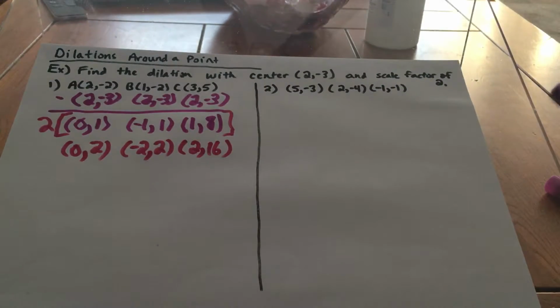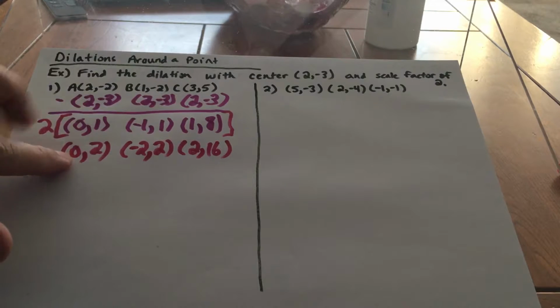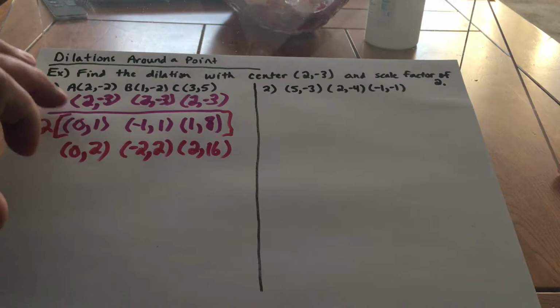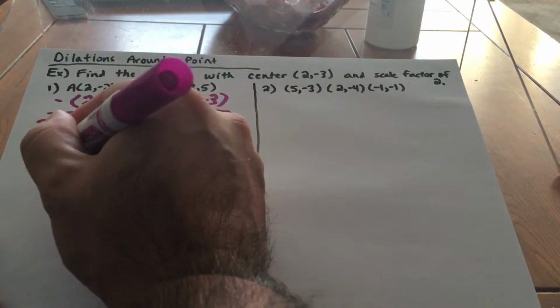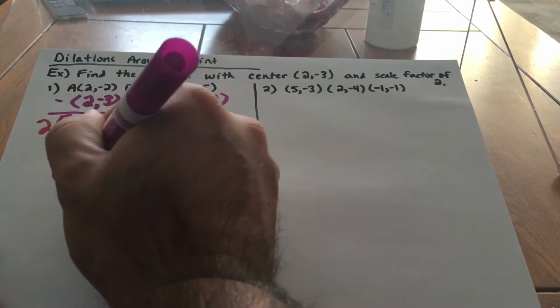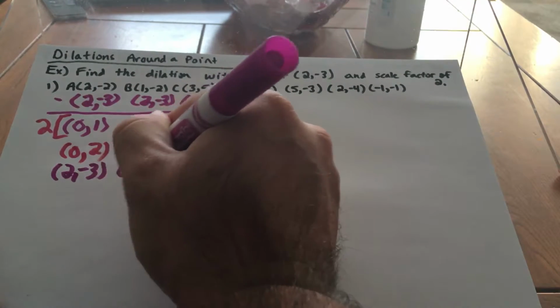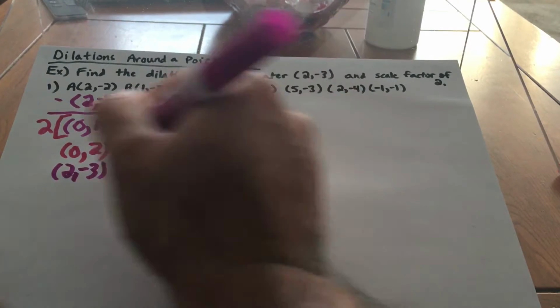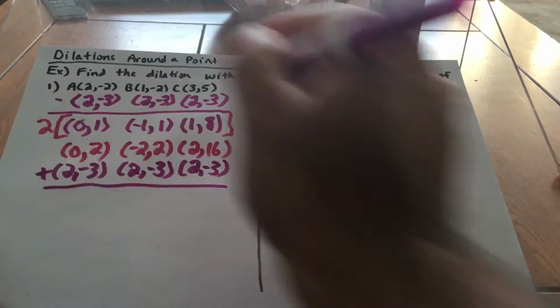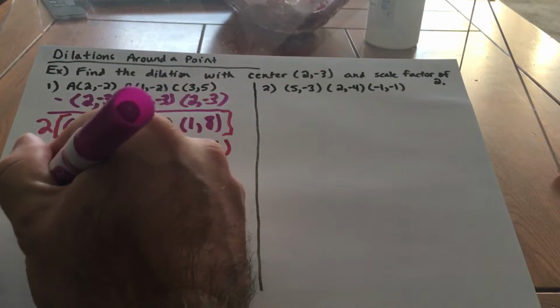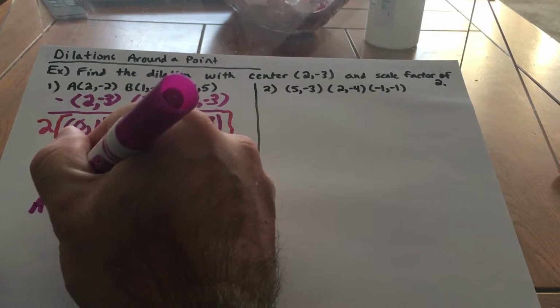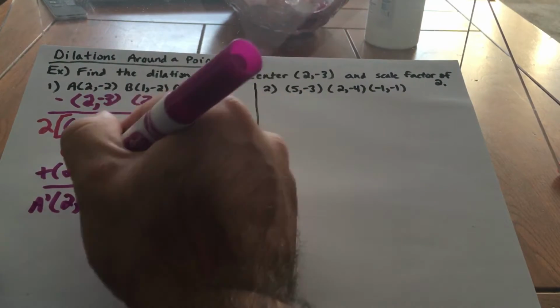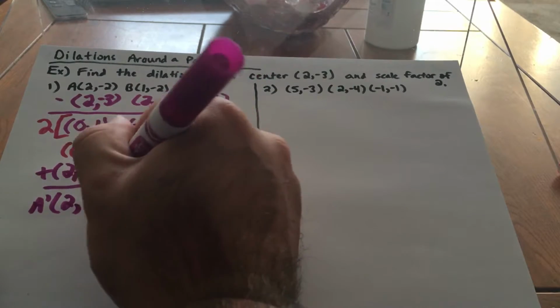All right. Now, just like before with the rotations that we did, once we subtract off the point and do our transformation, now we've got to add that point back on. So in this case, we're going to take that point (2, -3) and add it back to our dilated image. So this time we're adding. So it's 0 plus 2, and this will be our new A prime, will be 2. 2 plus a -3, or 2 minus 3 is -1.